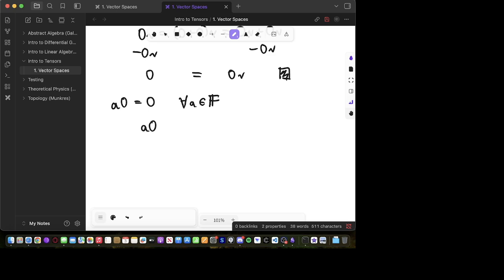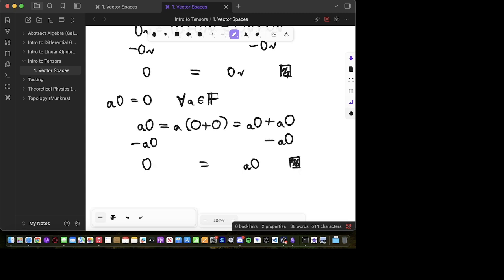If we consider a times 0, that equals a times 0 plus 0 by property of the additive identity. And that equals a times 0 plus a times 0 by the distributive property. So if we take the inverse of a times 0 and add it to both sides of the equation, we get 0 equals a times 0, which is our desired result.